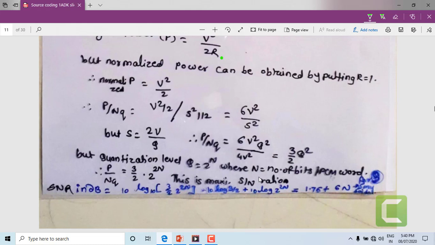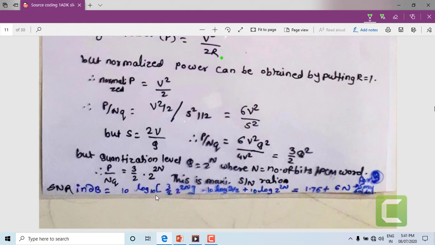But now there is another thing we want to convert, and that is the SNR conversion in dB. As it is a power value itself, we have to take 10 log for this SNR power value. So we will write 10 log of 3 by 2 into 2 raised to 2n.